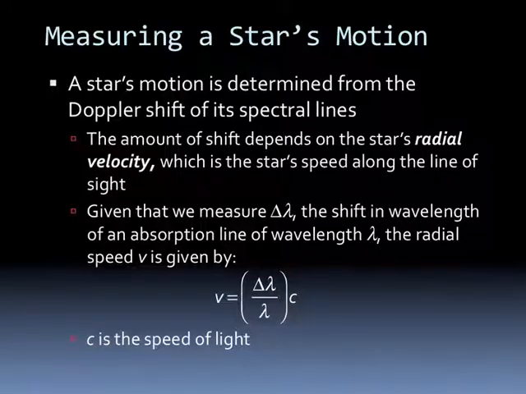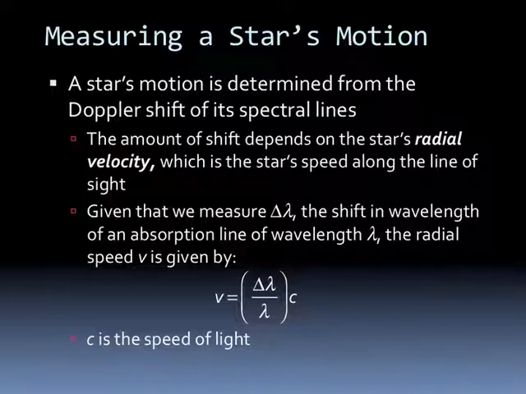Now I said we could also measure a star's motion from spectra. We can determine that from the Doppler shift of its spectral lines. The moving of certain spectral lines, we know where they are, either to the red side or the blue side. The amount of shift depends on the star's radial velocity. That's the star's speed along our line of sight, how far it's moving towards us or away from us.